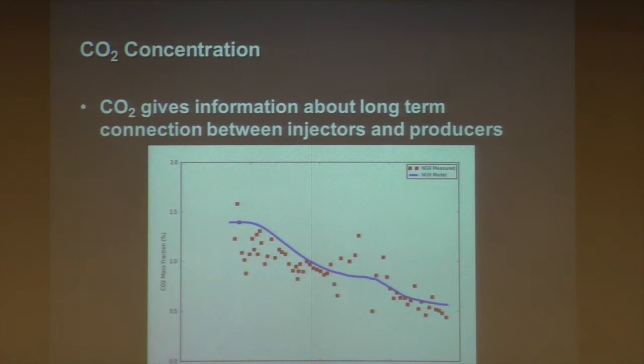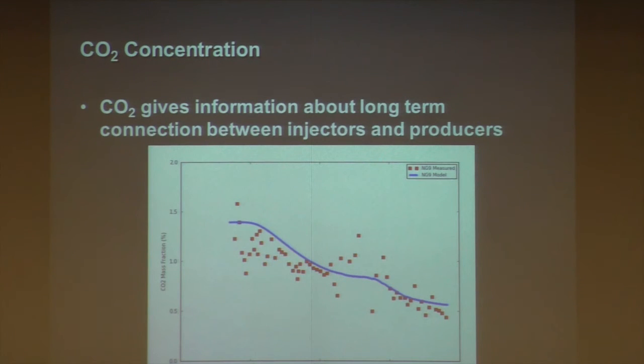We also have changes in CO2 concentrations. So here we're looking with the red squares at the measured CO2 concentrations, and the blue curve is the model CO2 concentration. As Ronnie-san mentioned, this change in CO2 comes about because the injection fluid is being degassed. There's no gas in the injection fluid when it's put back into the reservoir.